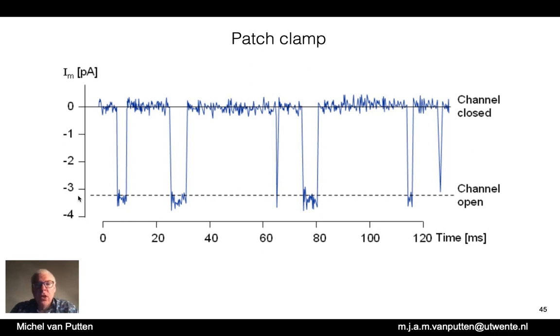So how does that relate to the microscopic currents? Well, as you can see already here a little bit, the channels are not open all the time, and the duration of the opening differs as well.